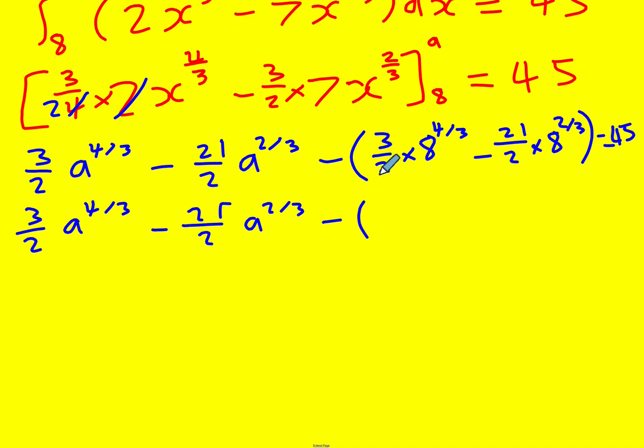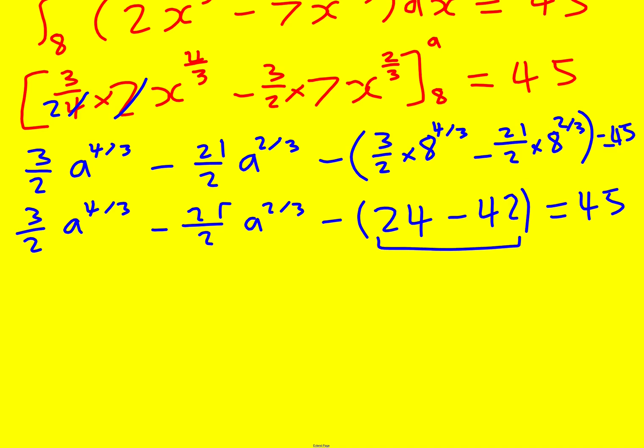I'm then going to divide that by 2 to give me 8, and so I'm going to get 24. And then the cube root of 8 again here is 2. I'm going to raise that to the power of 2 for 4, and then I'm going to do 4 times minus 21 over 2, which is the same as minus 21 times 2, and I'm going to get minus 42, I believe. That is equal to 45.